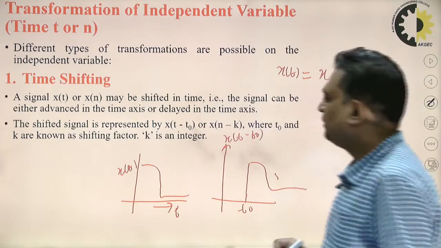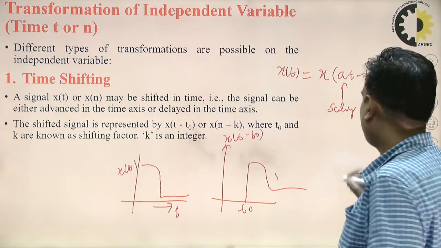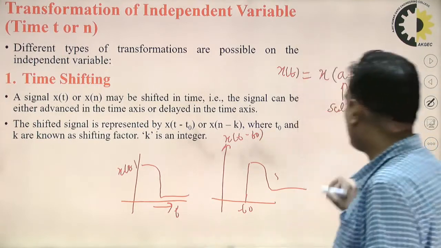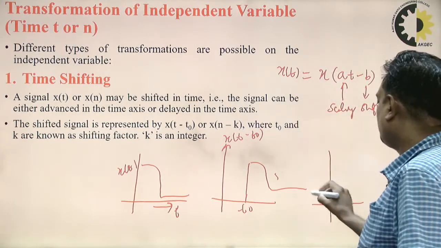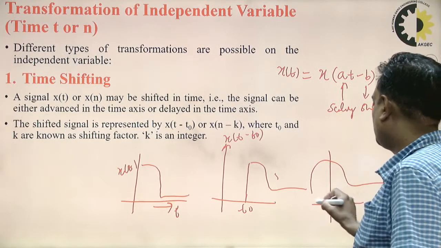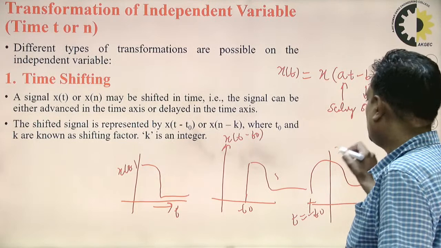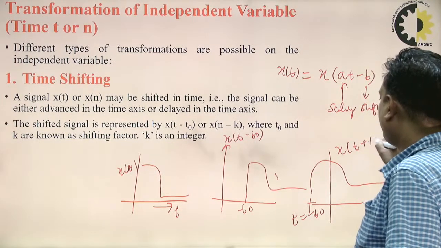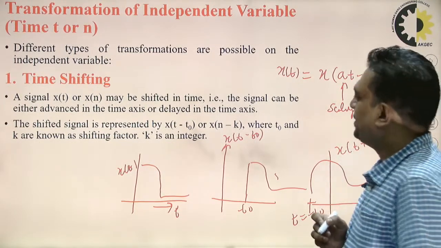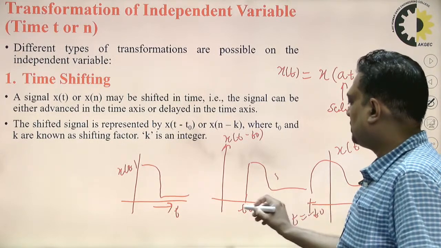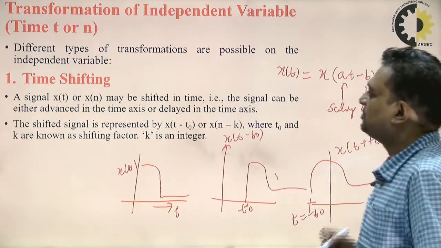Similarly, for the left shift, the signal will start somewhere here at t equals minus t naught, and this signal is x of t plus t naught. So this is delaying, and this is advancing.